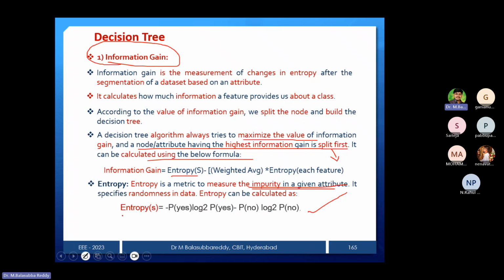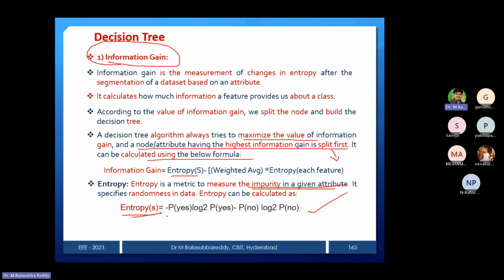In that, entropy of S or any particular situation, that minus P of S or no, or you can say positive or negative, something like that, we can divide. So entropy measures the impurity.